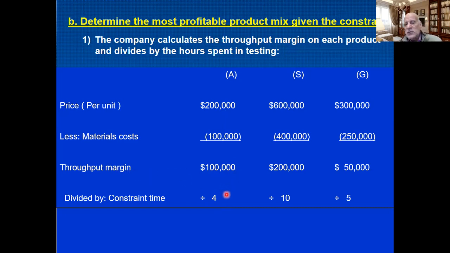So if we want to calculate the share of 1 hour consumed in this product, we divide by the hours consumed, which represent the constraint. So 100,000 divided by 4, we will have $25,000 per hour consumed.